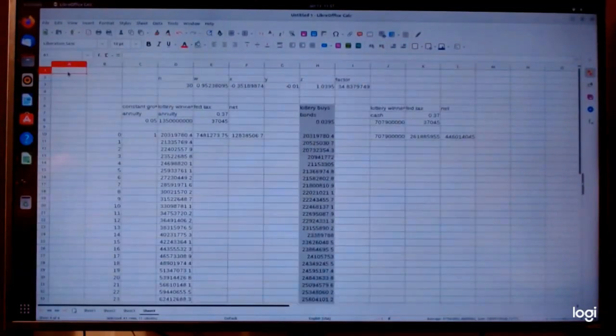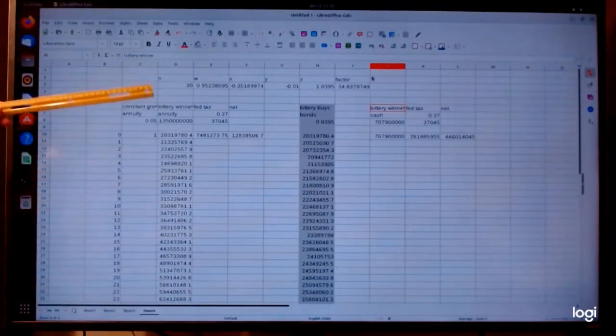Yeah. Okay. Now, actually, I use the constant growth annuity to look at my plan around retirement.